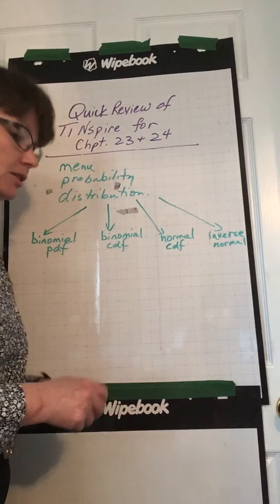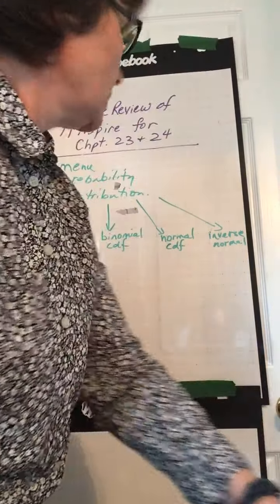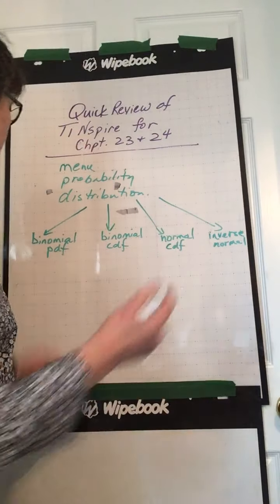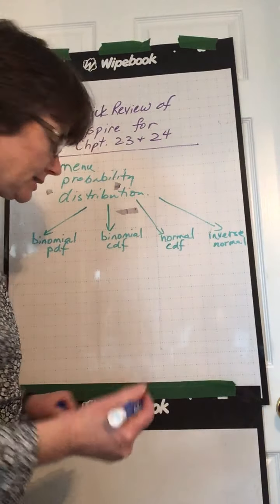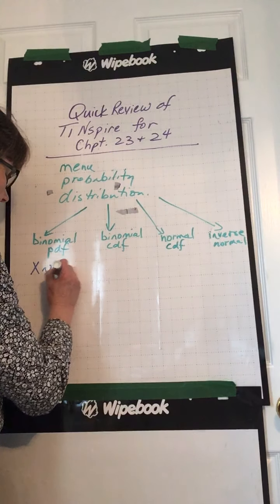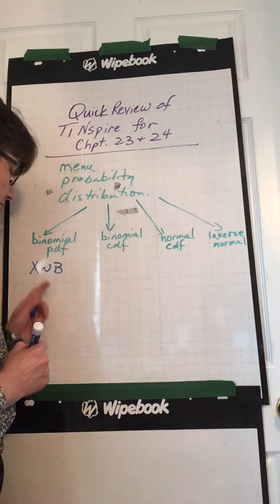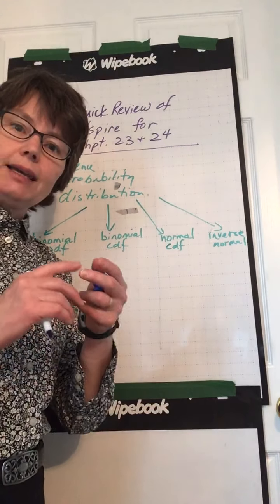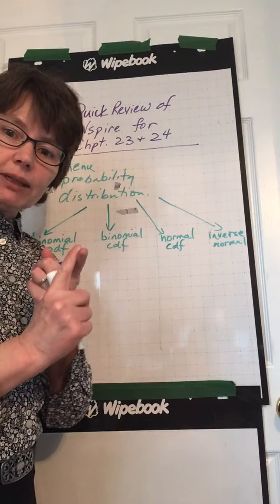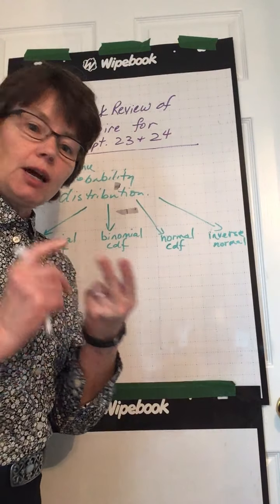Okay, binomial. Binomial PDF is when x is distributed binomially. What makes that happen? The probability that something is happening or not happening.